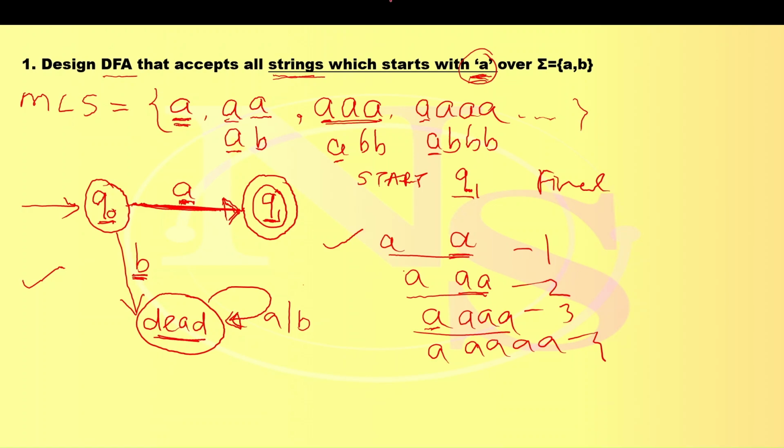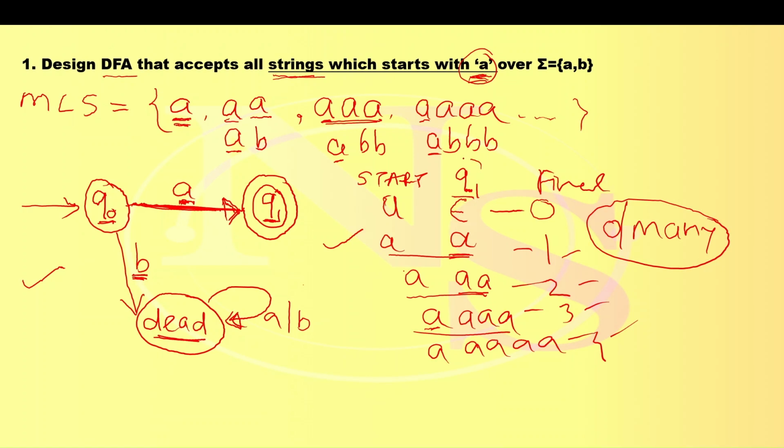In addition to this, if only a single A is coming, what is at Q1? Nothing. Nothing means epsilon. Epsilon contains 0 number of A's. Hence, Q1 is looking for 0 number of A's or multiple number of A's like 1, 2, 3, 4, 100. That is, the scenario is of 0 or many.